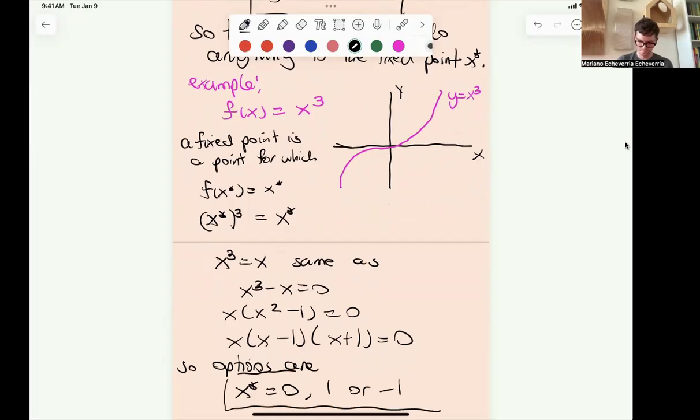Okay, let's see. The cubic has those three particular fixed points. Geometrically, here's one way to think about it.